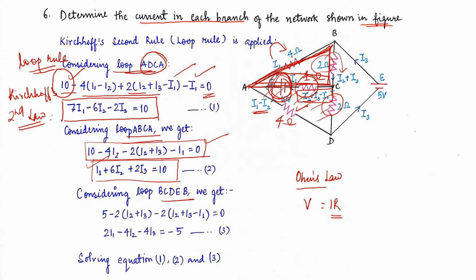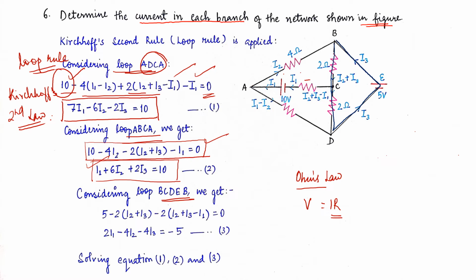Now I am considering loop number 3, and for that I am changing the color. This is loop number 3. Just a minute, I'll clean the diagram so that we understand it better. So I am considering this loop. In this loop, the direction is clockwise.